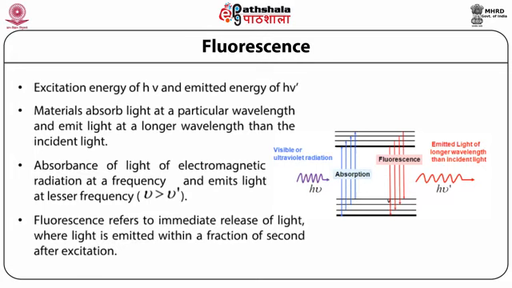Depending on the difference in energies between the ground state and excited state, the fluorophores absorb light of different wavelengths, hence they have specific absorption spectra, and similarly they have specific emission spectra.